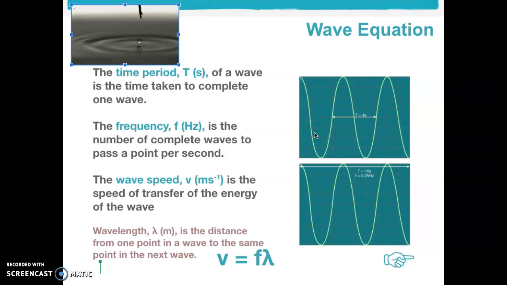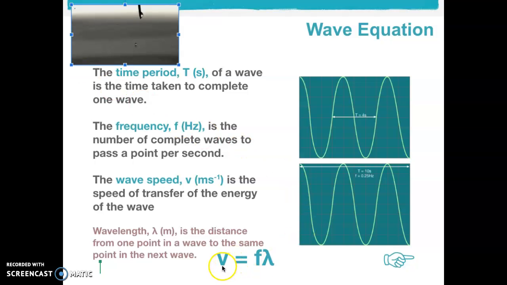So let's put all these ideas together in something called the wave equation. The wave equation tells you the speed of the wave as it's traveling through the medium. So in this water wave, again, how quickly is the pulse moving? So if we look at that entire pulse, what is that speed of the crest as it moves across?